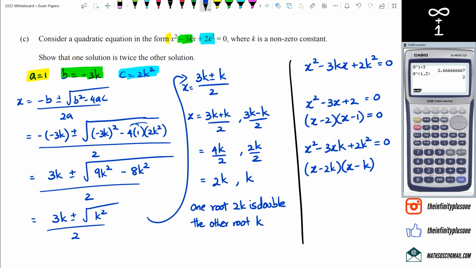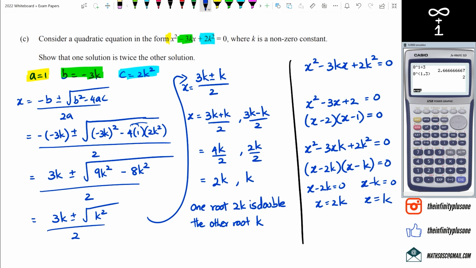Because if I expand this, I'm actually going to end up with that ugly looking quadratic up at the top. And guess what? When I solve this, x minus 2k is equal to 0, so x is equal to 2k, or x minus k is equal to 0, x is equal to k.